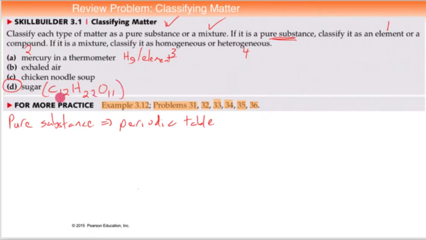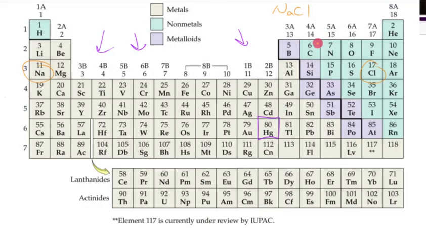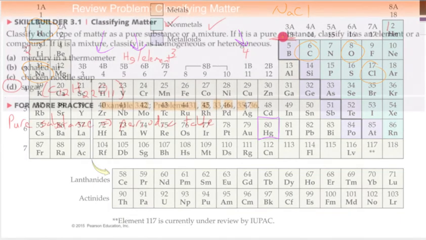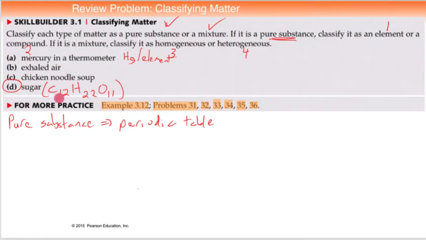You just need to recognize that the C, the H, the O, carbon, hydrogen, oxygen, is notation coming from the periodic table. So a single element on the periodic table being referenced, that's an element. 2 or more, that's a compound. So sugar, with this particular formula, which I would give you on a test, would be a compound.